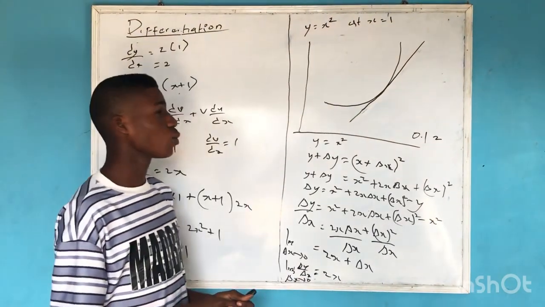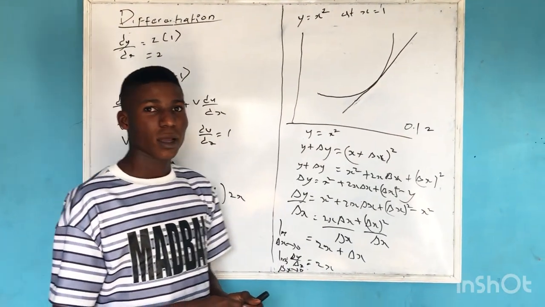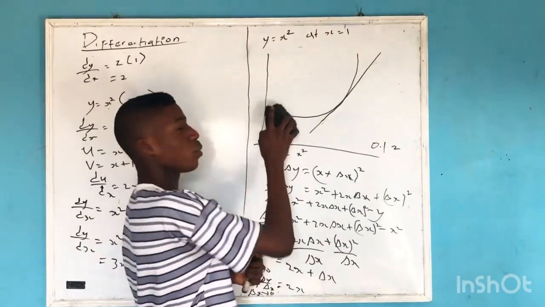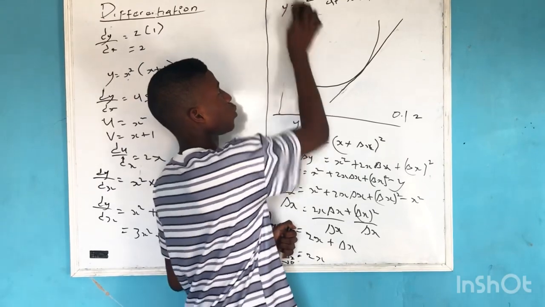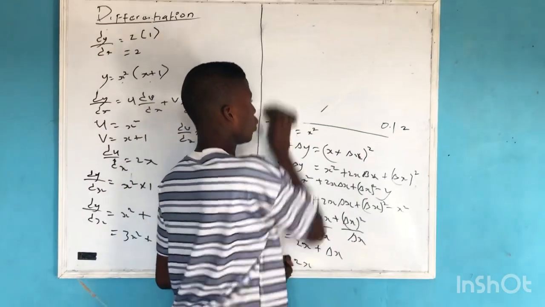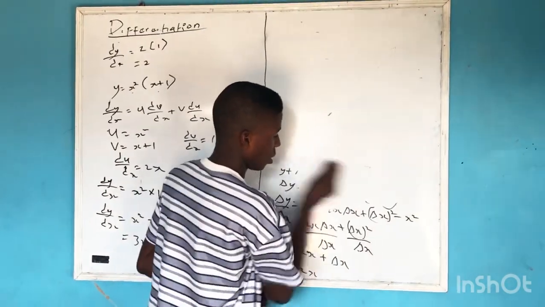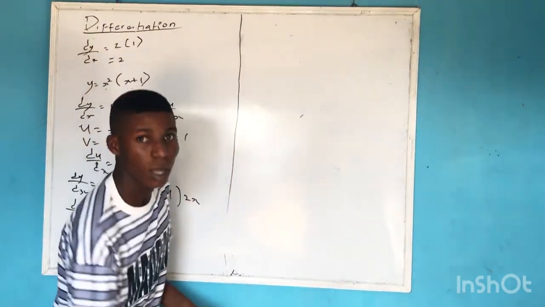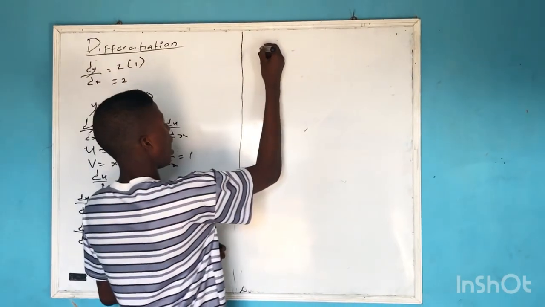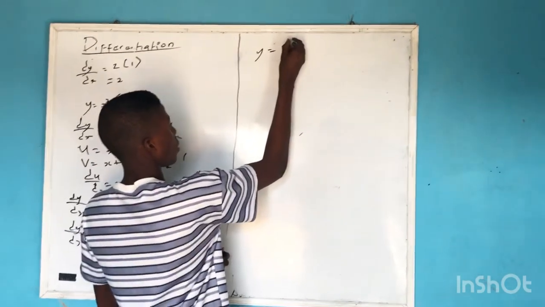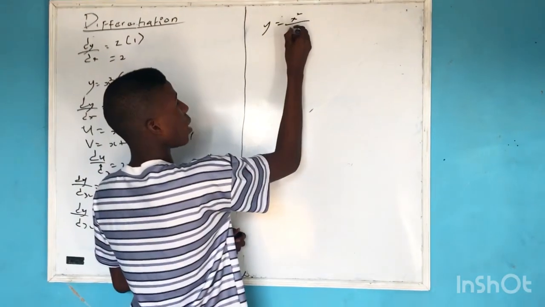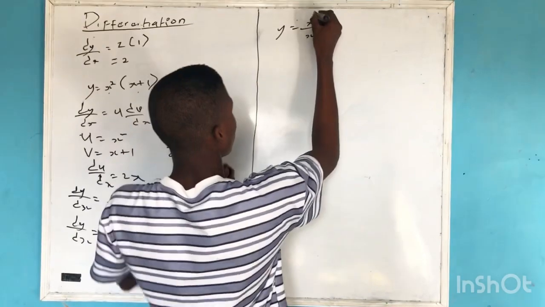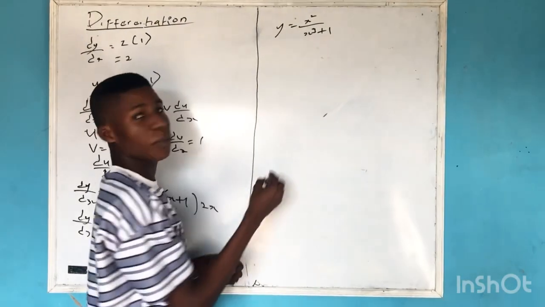So I would like to go into the quotient rule. I will just introduce the quotient rule. Let's say I have an expression x squared over x³ plus 1.